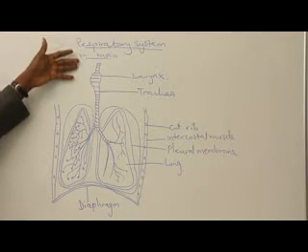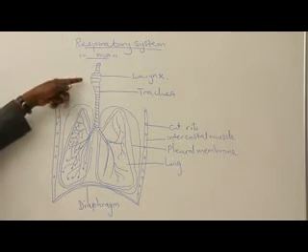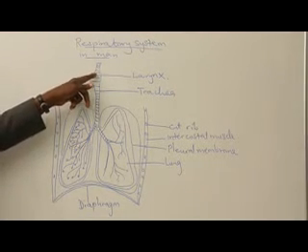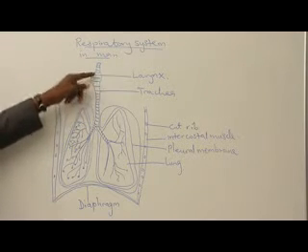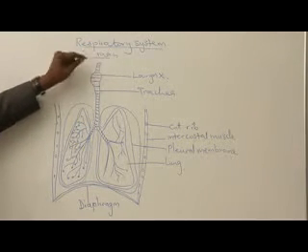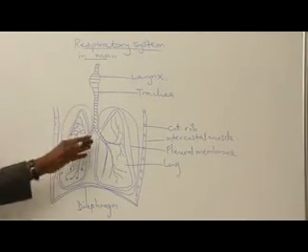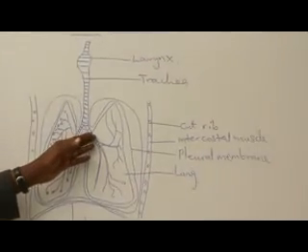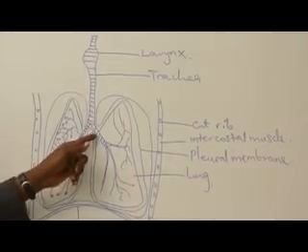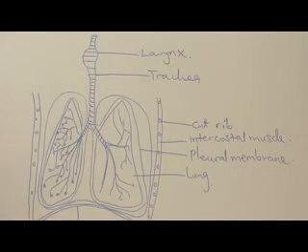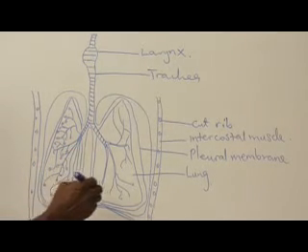We are seeing the diagram of a respiratory system, starting from the larynx, the voice box, and the trachea, which we call the windpipe as well, branching out to smaller branches called bronchi, or one of them, bronchus. The bronchi branch out to what we call bronchiole.